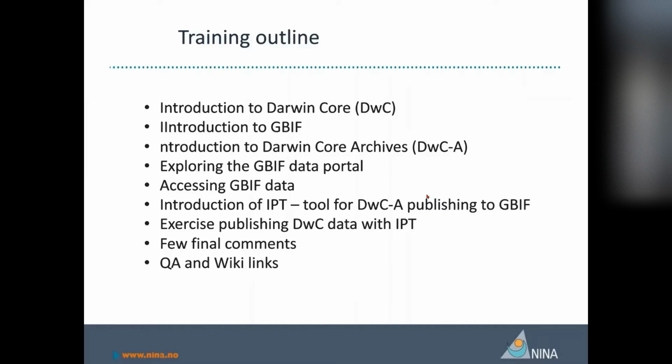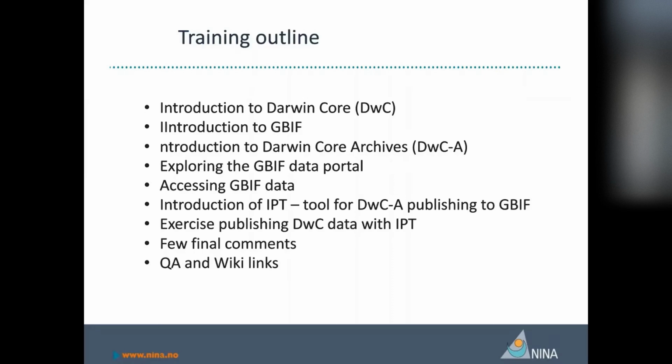So what I will be talking about today is a short introduction to Darwin Core, the standard, to GBIF, and an introduction to Darwin Core Archives. We will explore a little bit the GBIF portal itself, how it works. We will see how to access the GBIF data.